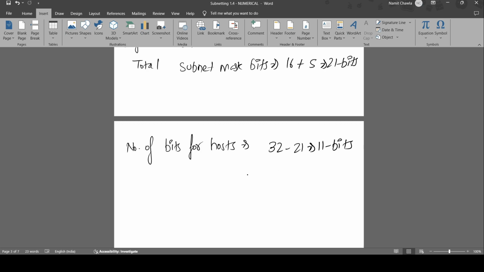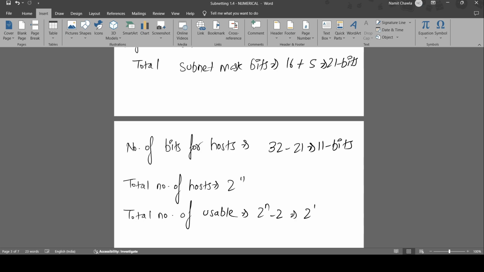Now if 11 bits are there for host, the total number of hosts will be 2 raised to power 11, and for the total number of usable hosts, we already know the formula is 2 raised to power n minus 2.